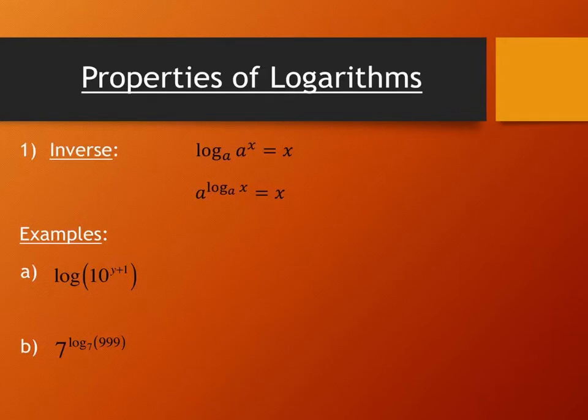So the first one is an inverse property. We encountered a version of this the other day, and I told you we'd talk a little bit more about it later. Well, today is later. So the first one actually talks about the fact that if you have log base a, and a is the interior of the component with an exponent x, this is just equal to x.